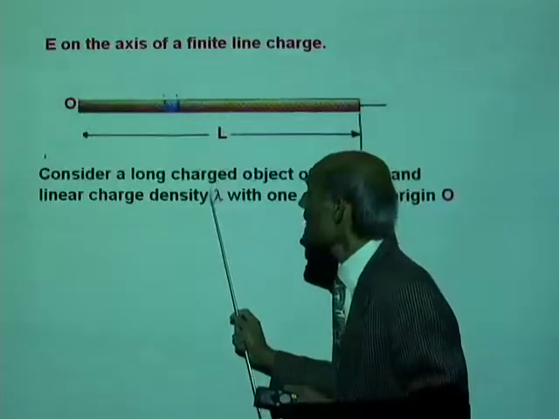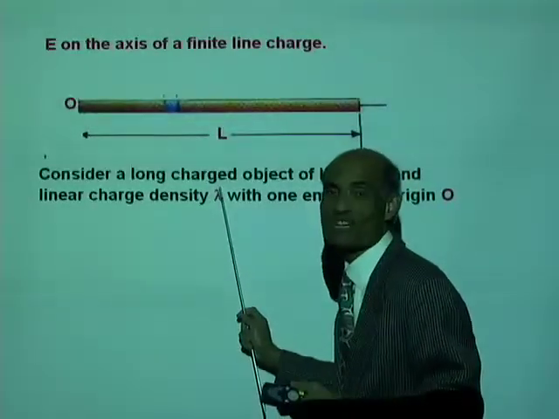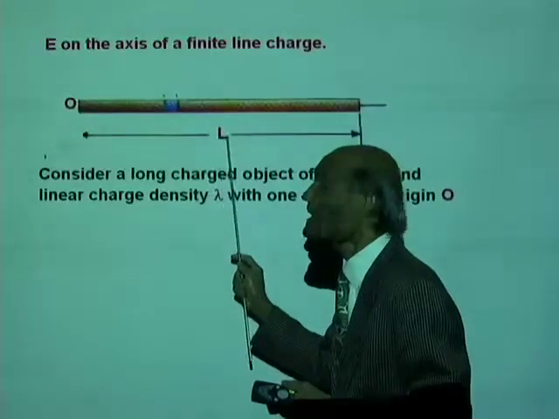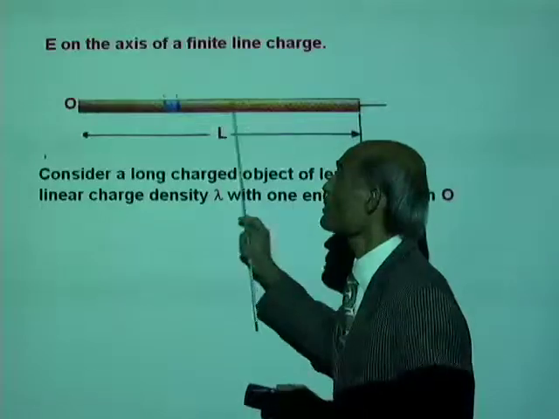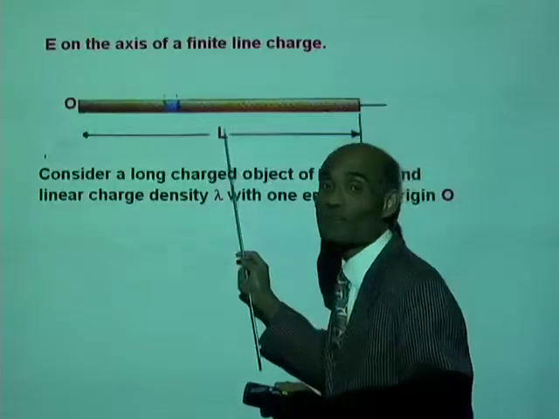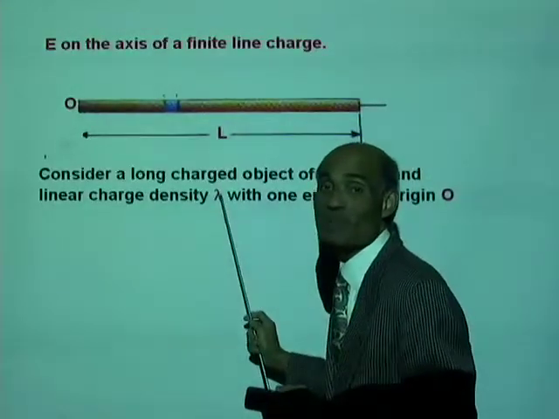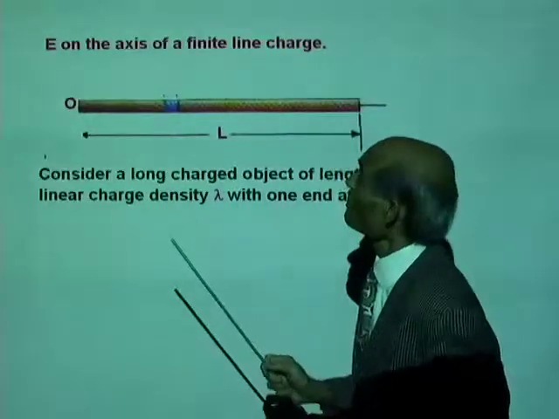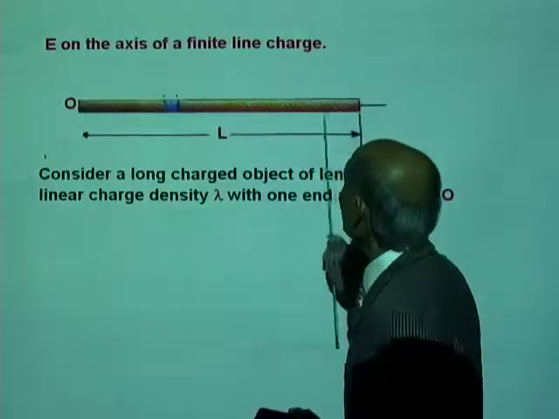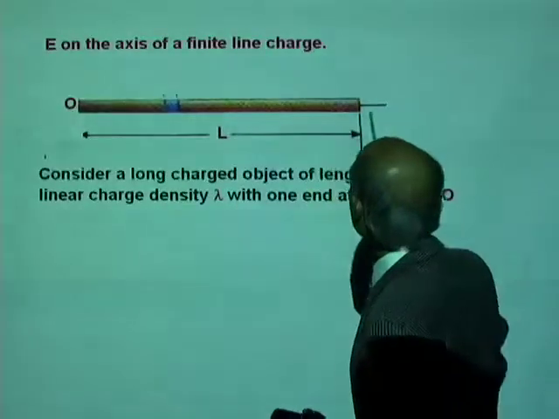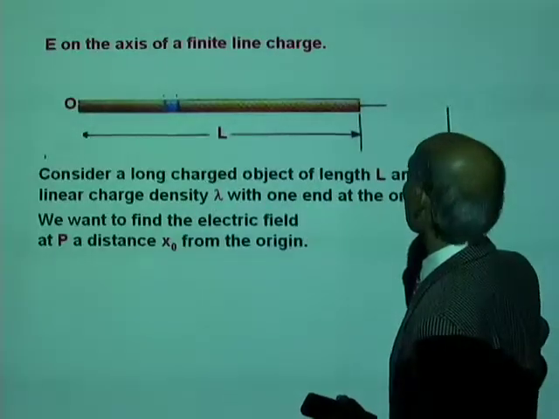Tell me, if lambda is the linear charge density and L is the length, what is the total charge on this object? It will be L times lambda. Well, we need to find the electric field due to the charge on this at a point on the axis of this.